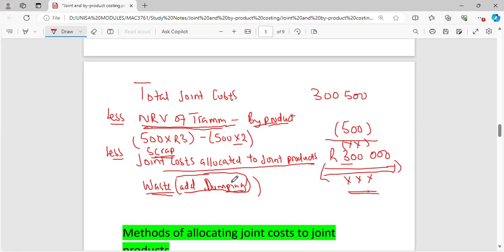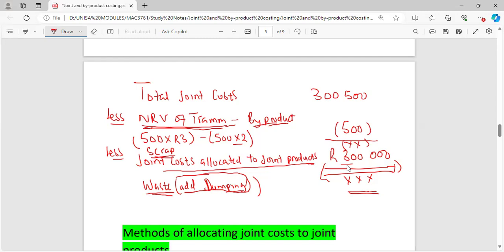In that case, they will not sell that, but they will take into account how it is going to reduce their joint cost. So if the organization comes up with a negative, it is going to increase the joint cost.